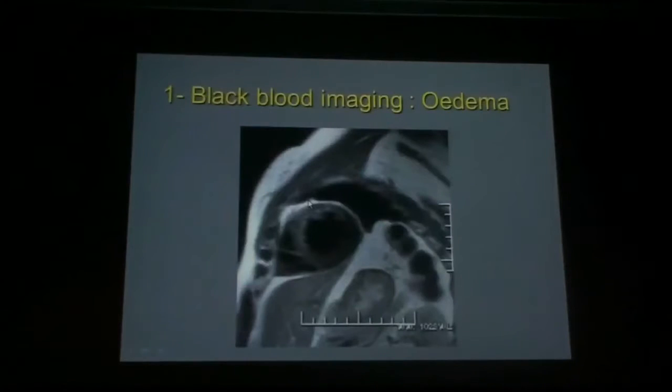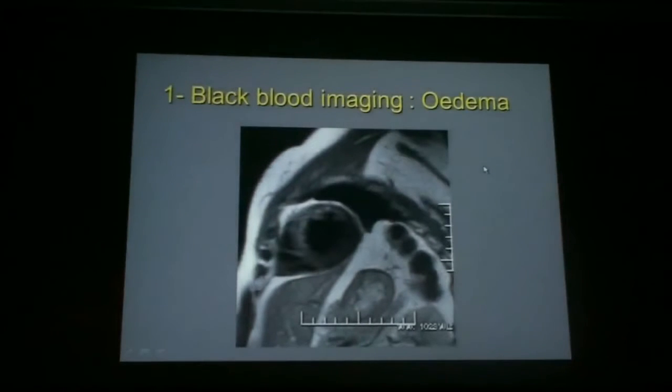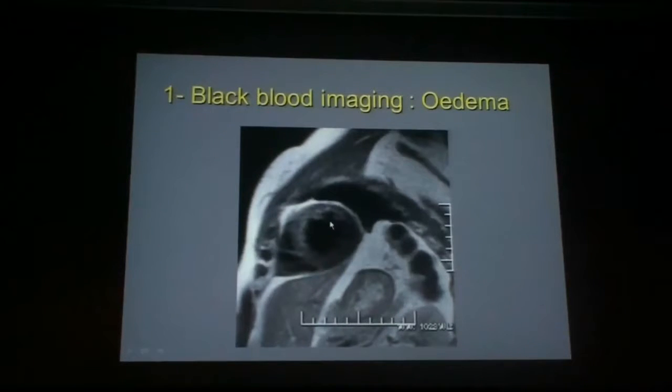Spend time. So the first sequence that we're using is a black blood imaging sequence. Why black blood imaging sequence? Well, this sequence has a weight of T2 usually, and the aim is to identify edema in your myocardium.